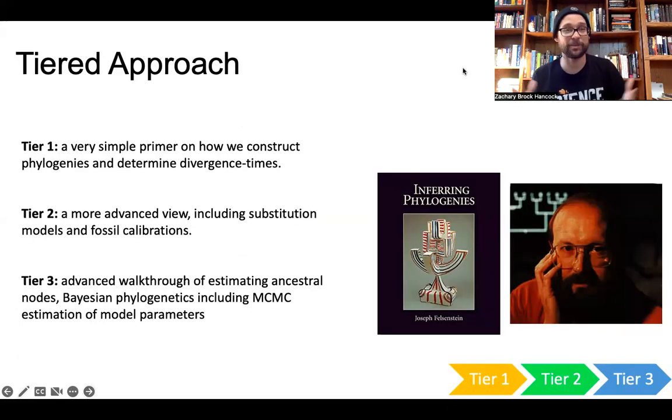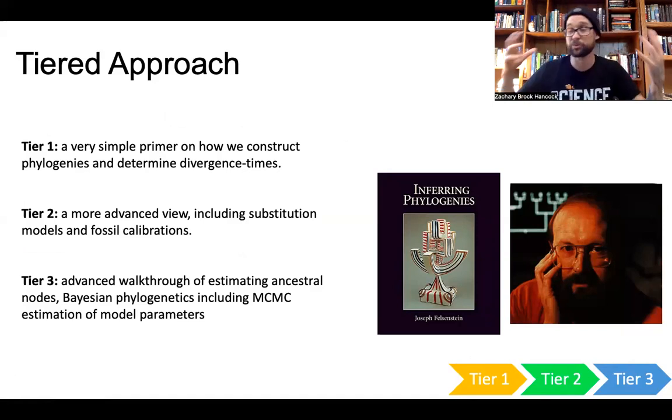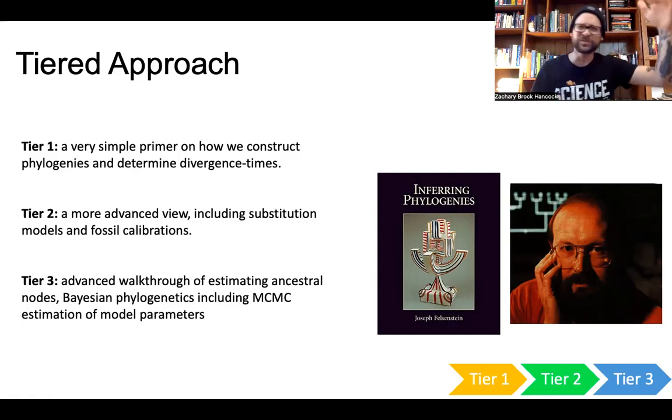Okay, so just to recap, we went through three different tiers of how to construct phylogenies. We started off very simply with just sort of a primer on how to construct them and how divergence times are estimated. We then took a bit more of an advanced view, looking at substitution models and fossil calibrations, and we talked about how to overcome some of the assumptions of our simple model. And then finally, we gave the statistical way in which we actually reconstruct phylogenies from both a likelihood and a Bayesian approach.